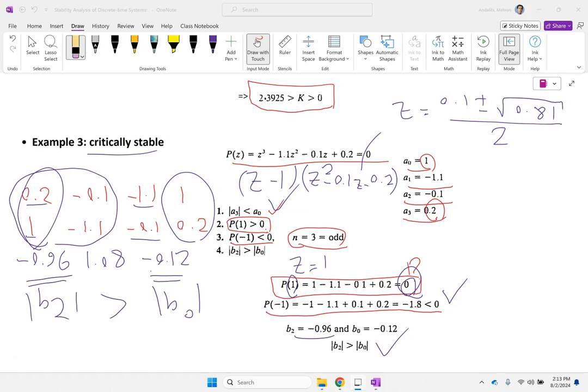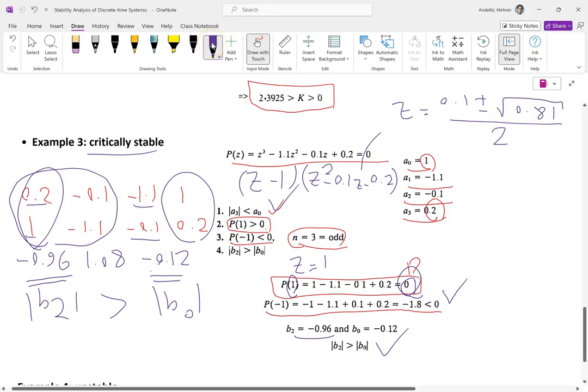So here I decompose the polynomial. One of the roots is 1. The other quadratic part is this. And clearly, if you see here, it's minus b plus or minus the square root of b squared minus 4 times AC, divided by 2. So this is like 0.9.